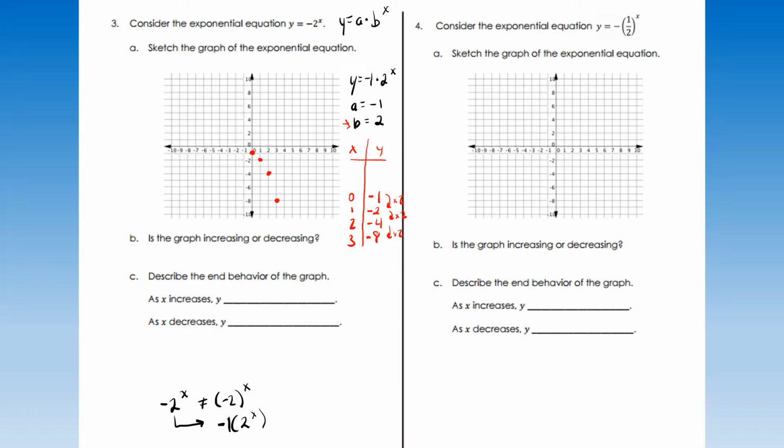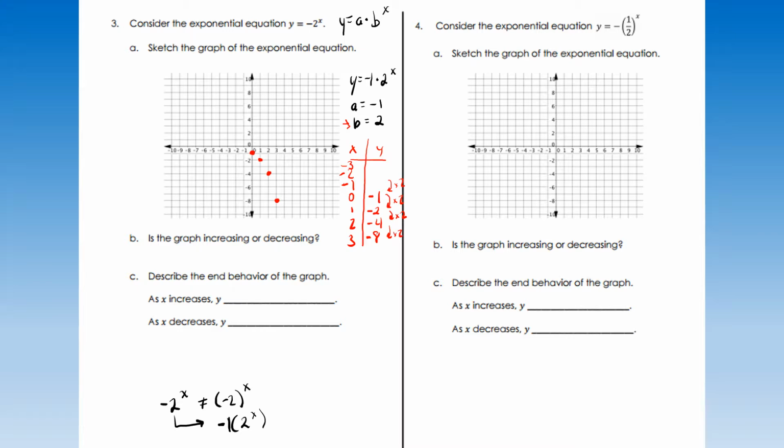And you kind of see what's happening with this graph is that it's curving down. What if I want to go the other direction? What was the number before this if I multiplied by 2 to get -1?